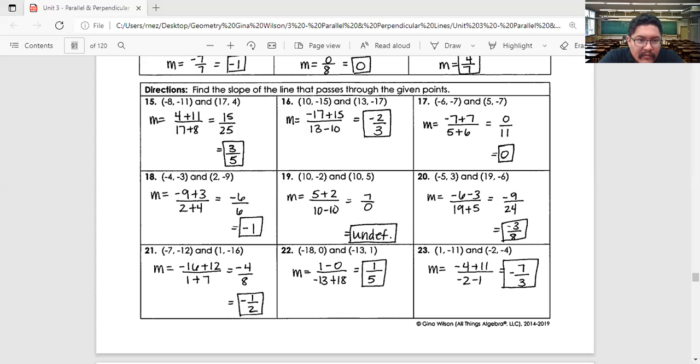So maybe another 30 seconds, or maybe another minute. Quite a bit of writing on this one.